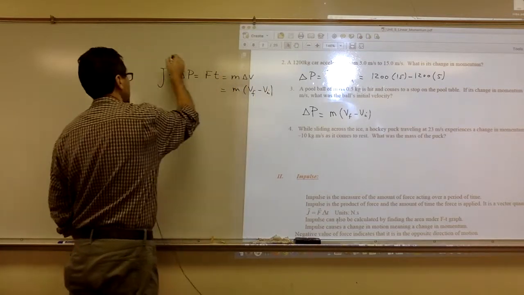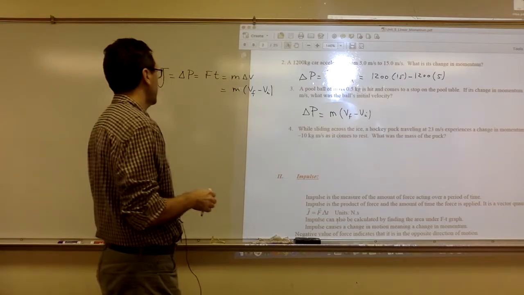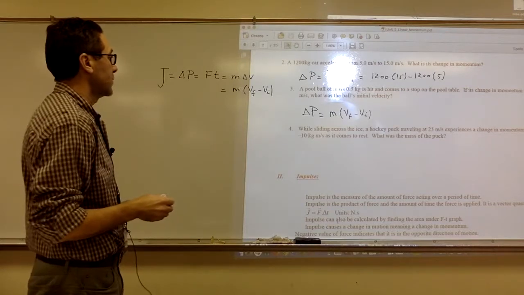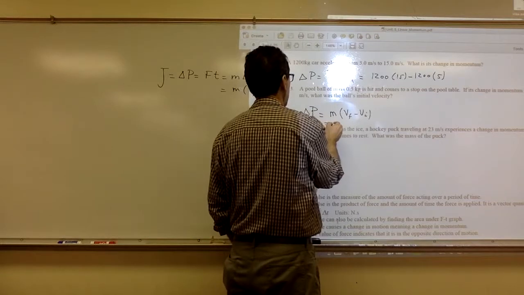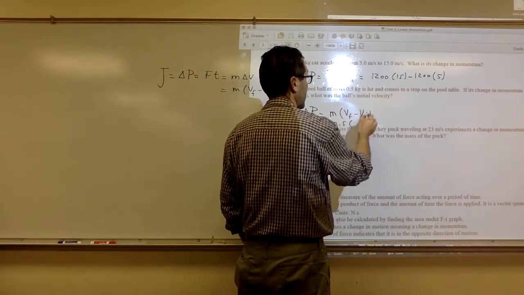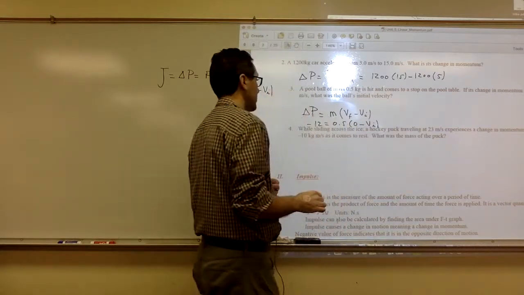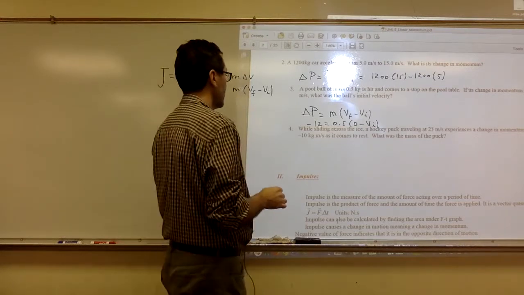I highly recommend that you write them next to each other, and then you decide what part of that big equation you're going to use. Here, negative 12 equals half times, comes to a stop, 0 minus the initial velocity, and it looks like it's going to be positive 24 meters per second.